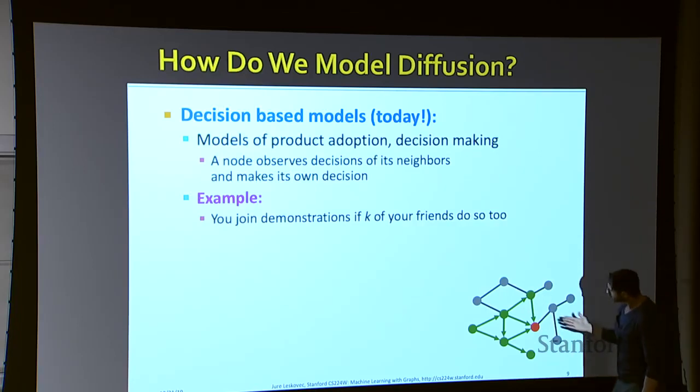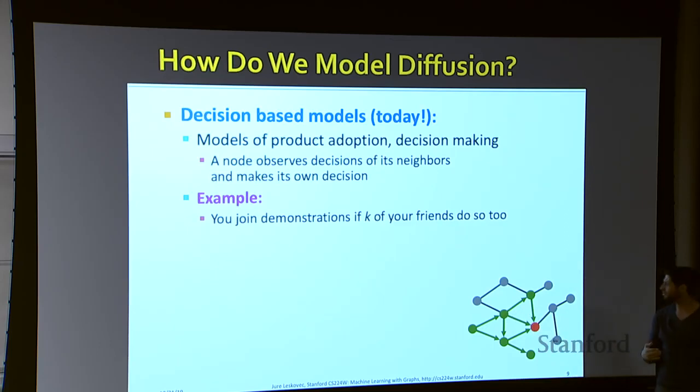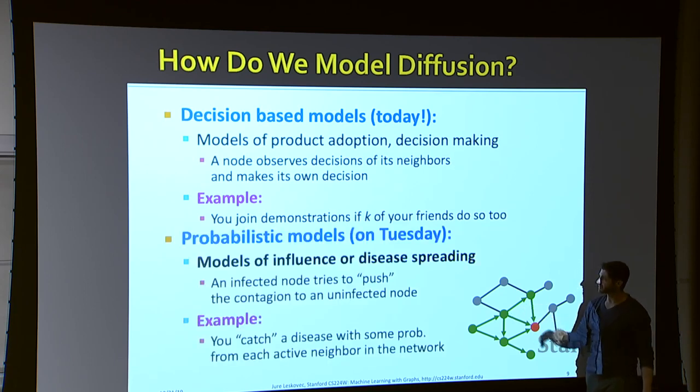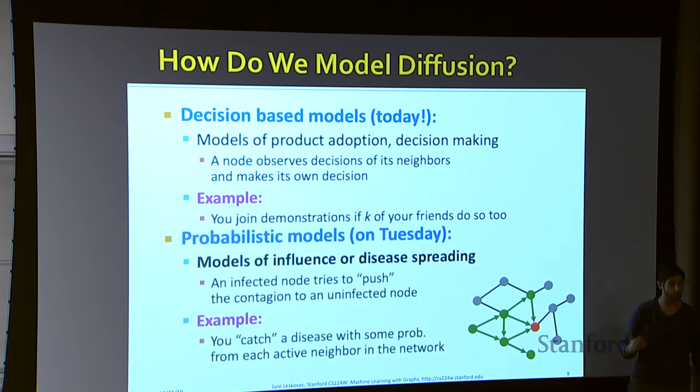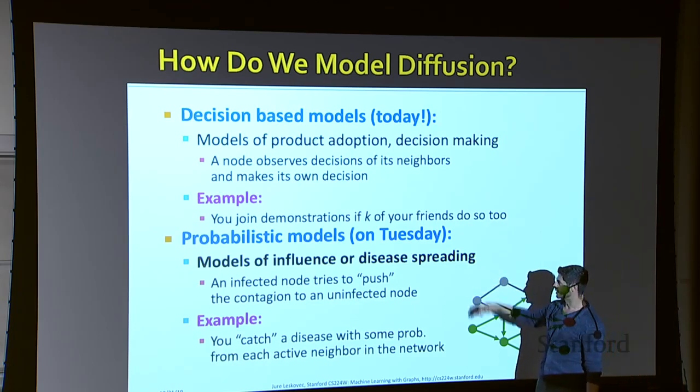And in the case of epidemics, instead, this model will not work, right? In most cases, no one makes a deliberate choice to get a virus. So in that case, we're going to have instead a probabilistic model, which we're going to be seeing next Tuesday. Here, we're going to try to model the influence or the disease spreading.